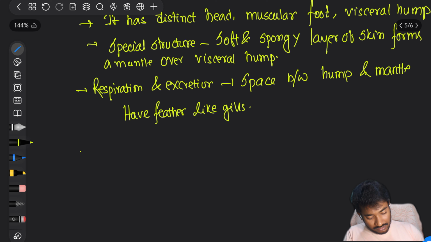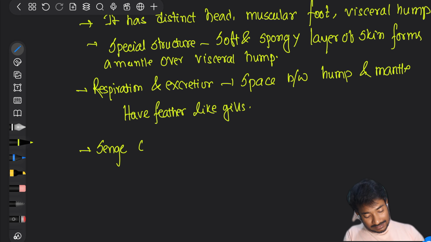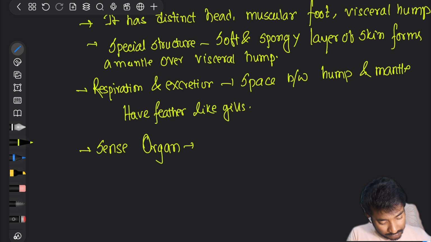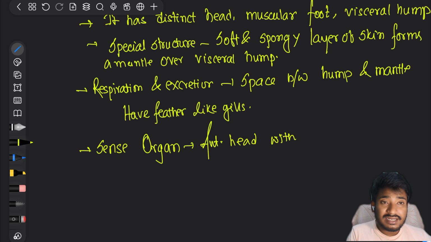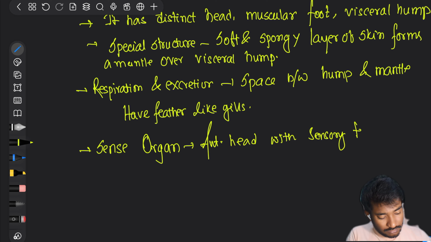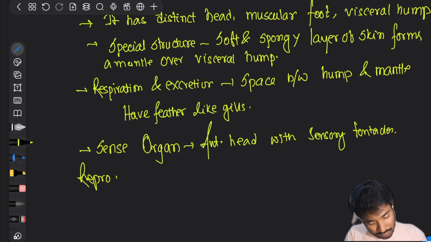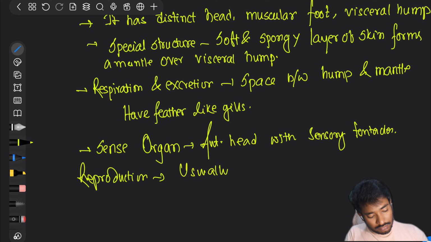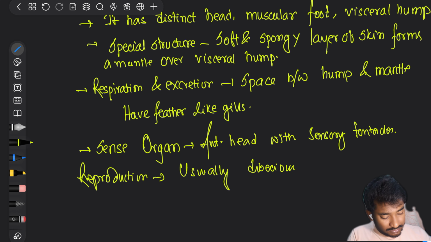Sense organ of molluscs: anterior head with sensory tentacles. Reproduction: usually dioecious and oviparous with indirect development.